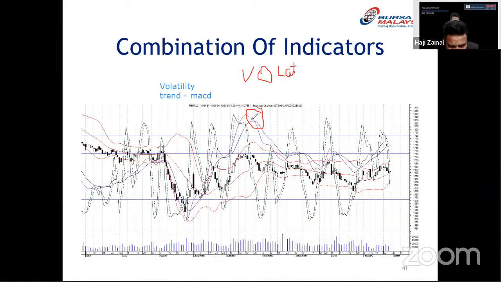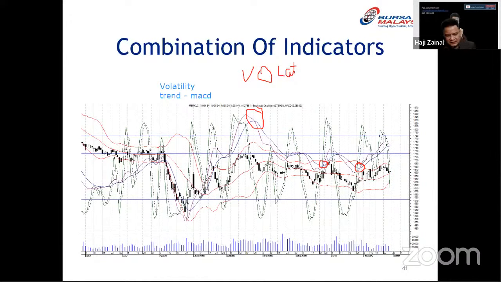So from here, there's a downtrend already, all the way down, till we come here, where we have an uptrend. There is a crossover here, and there is a crossover also here. Now, when there's a crossover, we know the trend. Is this an uptrend or downtrend?